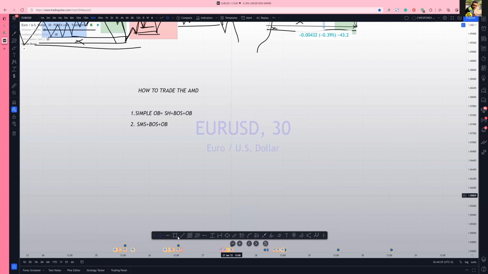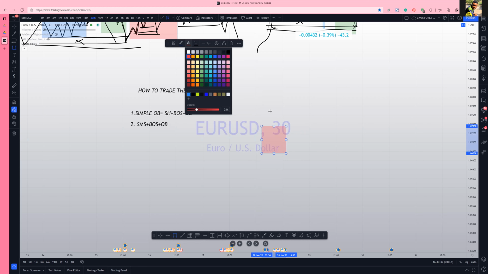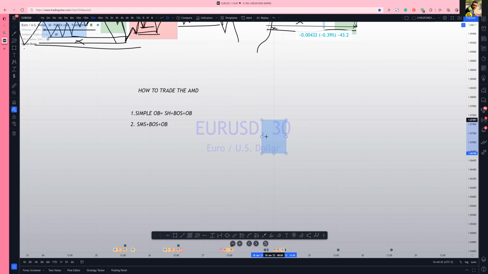So let's have an example over here. Let's say we have this as our London session, which is our manipulation session. Price created this order block over here, and what breaks out of this order block comes down to tap this order block and go up.